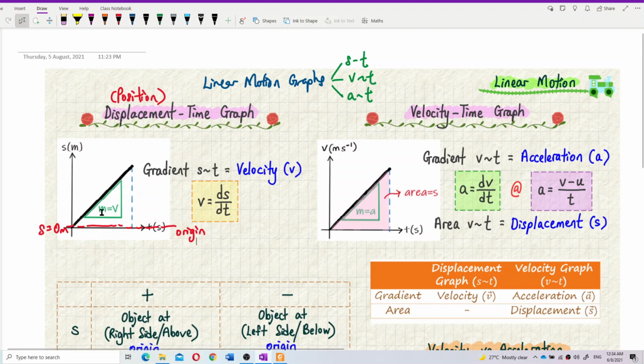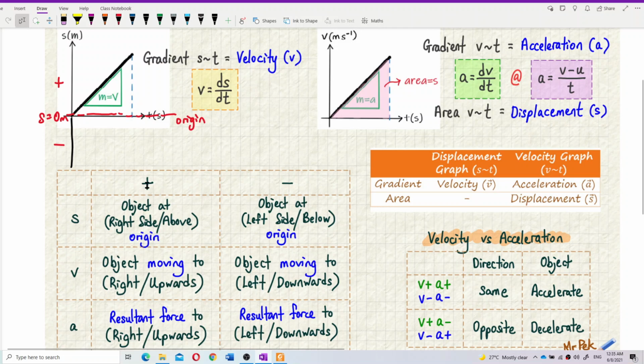That means if the graph goes up, it's going away from origin. So this one has a positive displacement and also negative displacement. We can say the positive displacement is at the right hand side of or above the origin.